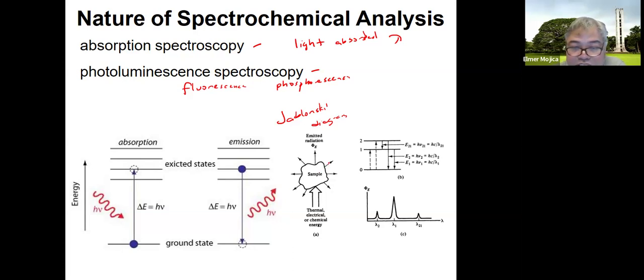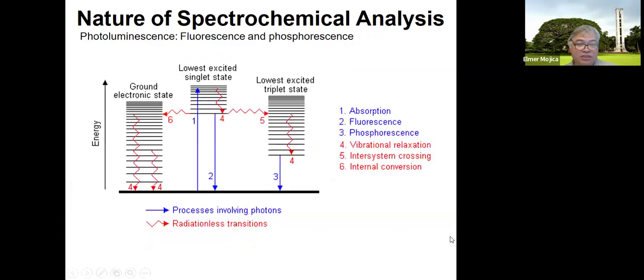So if you're going to look at the sample, you might have any form of energy, and what the sample does is it can emit radiation. And based on the wavelength, you can determine how much of the energy is emitted, like this one. Now you can look at the photoluminescence and fluorescence.